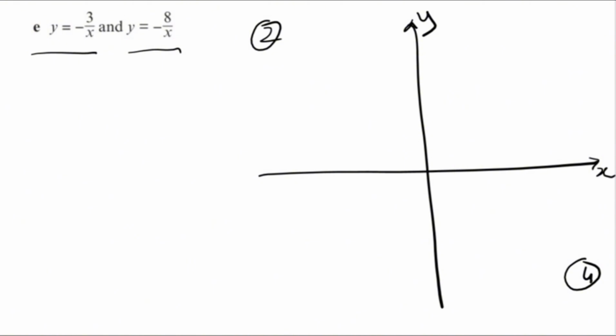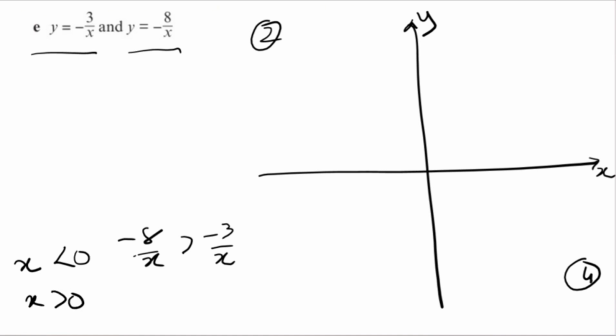Now if your x is less than 0, then minus 8 over x is greater than minus 3 over x. But if your x is greater than 0, then minus 8 over x is less than minus 3 over x. So in that case, how to sketch it?